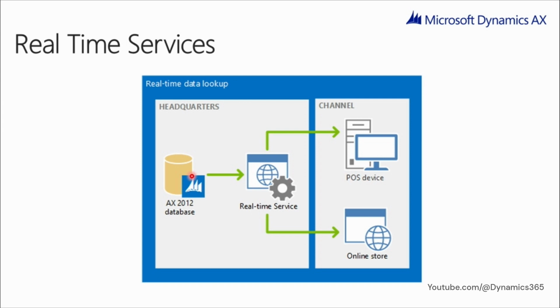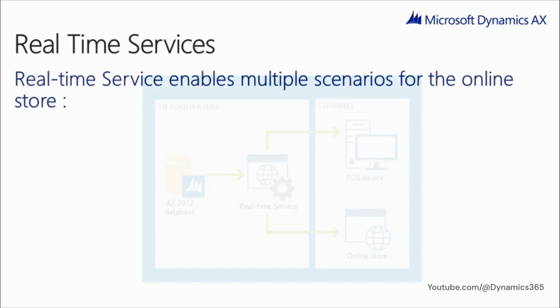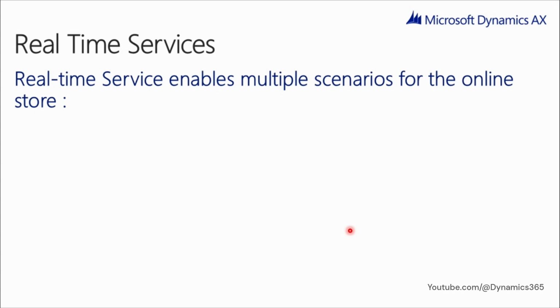So there will always be a straightforward request from a channel to the AX database, and then you get back a response through the real-time service back to the channel. Let me move on and show some of the scenarios where these kinds of real-time services are called.